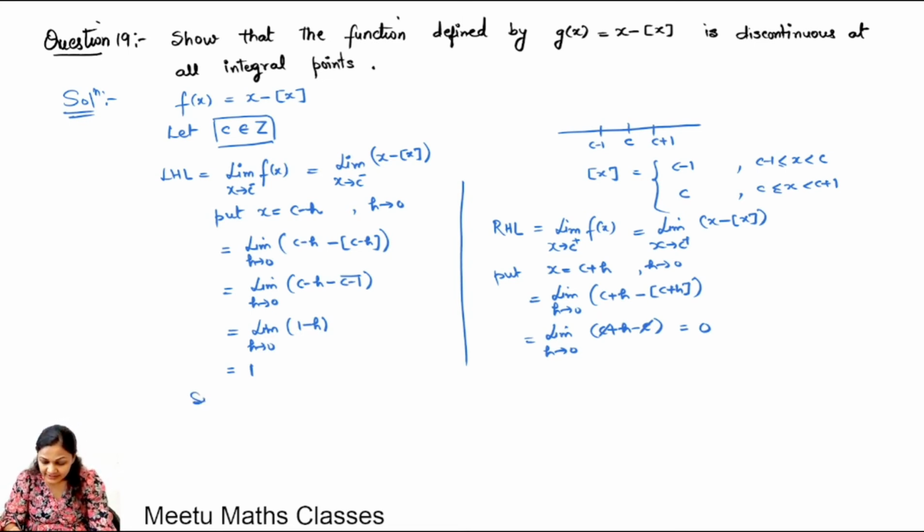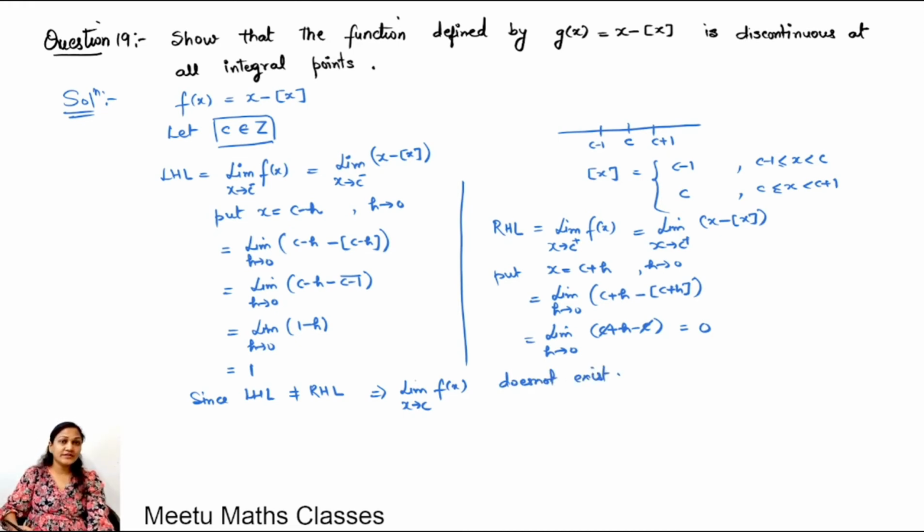And since left hand limit is not equal to right hand limit, the limiting value of your function at the integral point does not exist. And if the limiting value does not exist, then your function is not continuous.